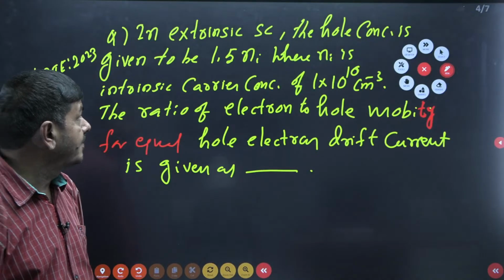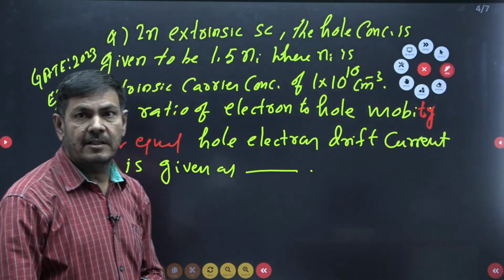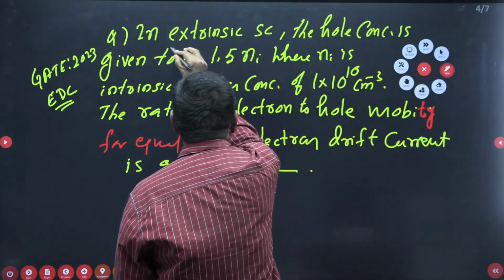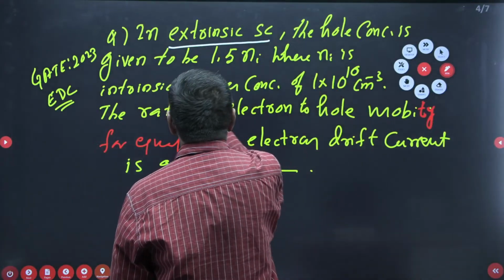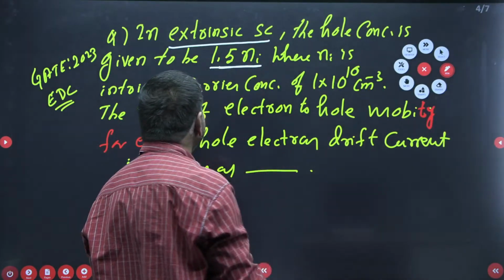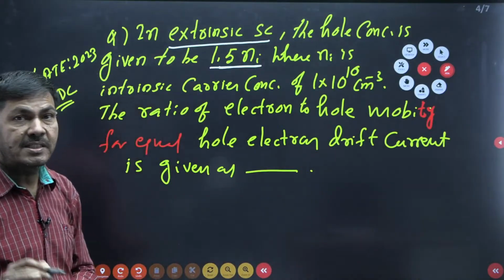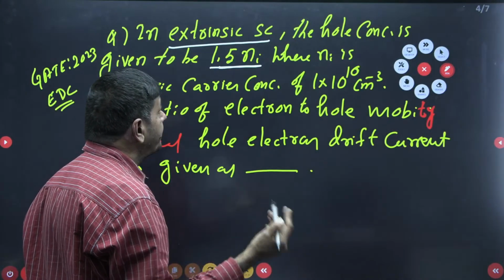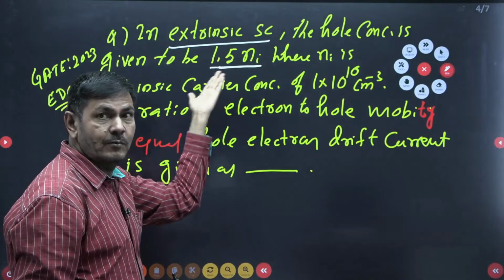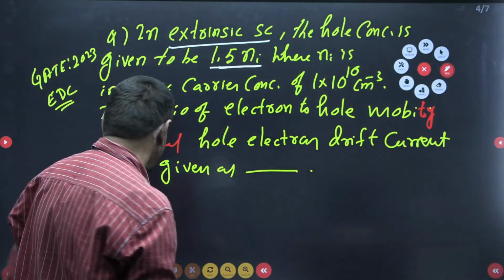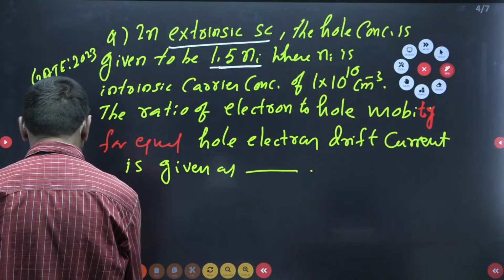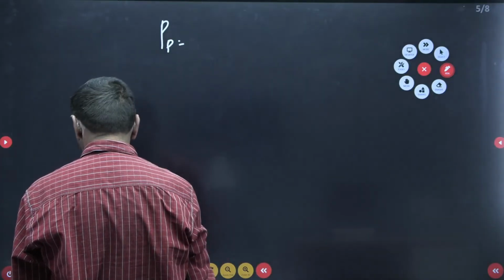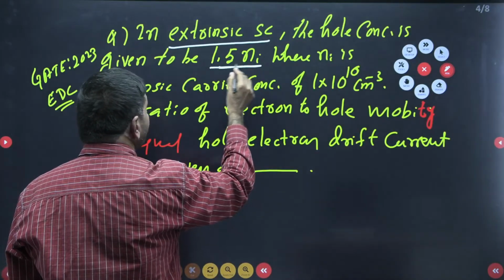Yes, I will do it, please watch. It is an extrinsic semiconductor, clearly given in the problem. The hole concentration is given to be 1.5 Ni. Holes means p, so it is a P-type extrinsic semiconductor, because holes are the majority carriers. P suffix P, the hole concentration, is given as 1.5 into Ni.